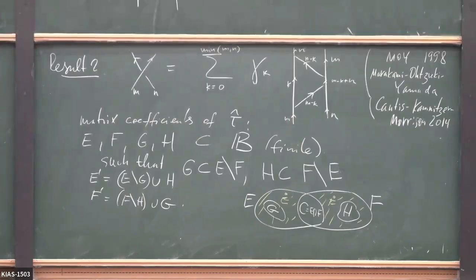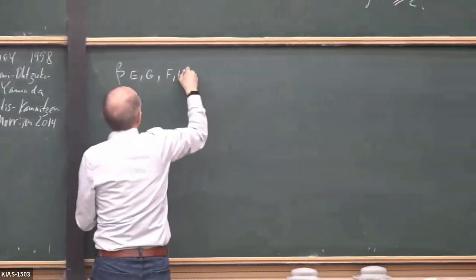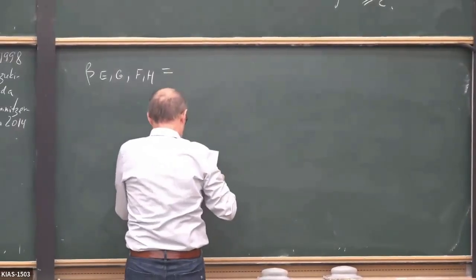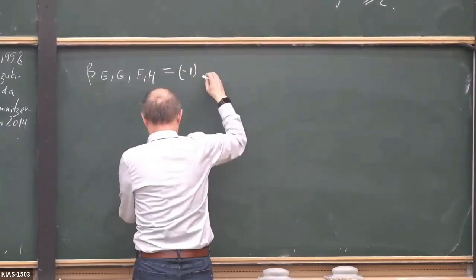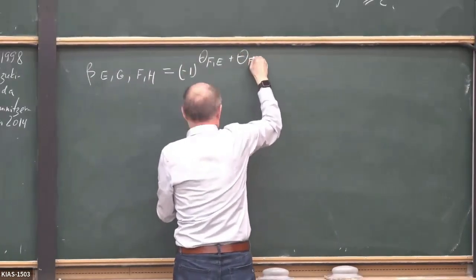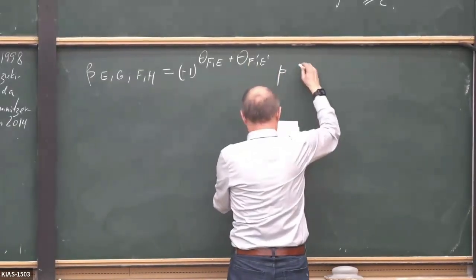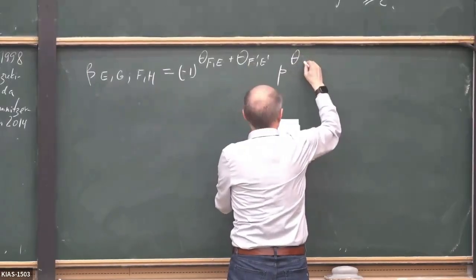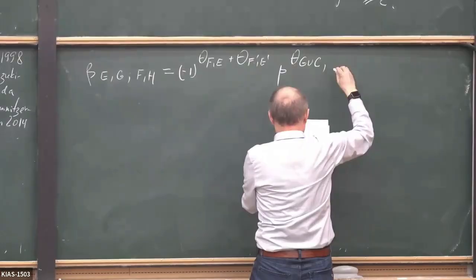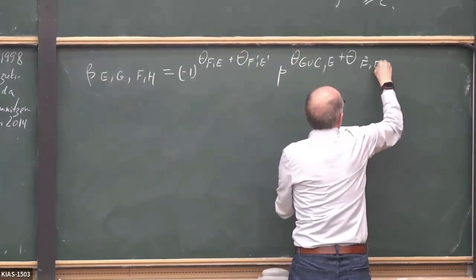a quantity beta(E, G; F, H), which is the following product: minus 1 to the theta F E plus theta F prime E prime, some sign, P to the power theta(G union C, E plus theta F dot E prime).